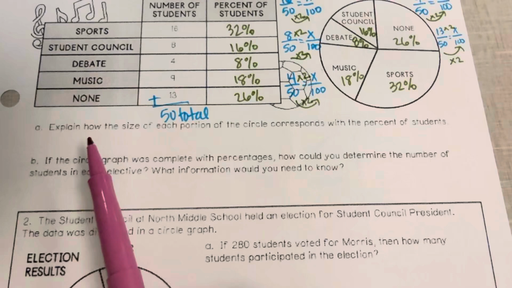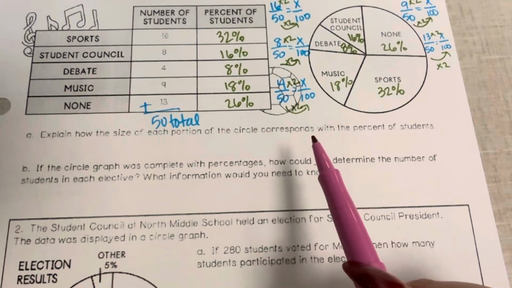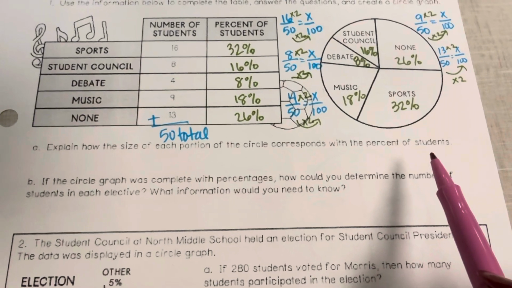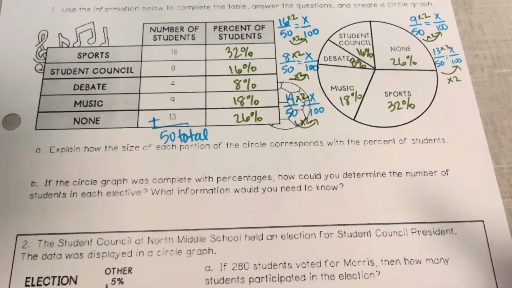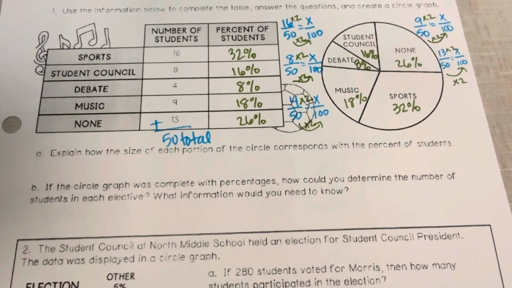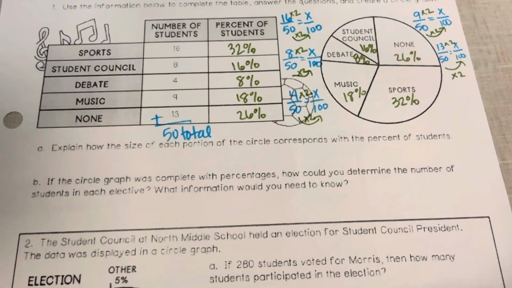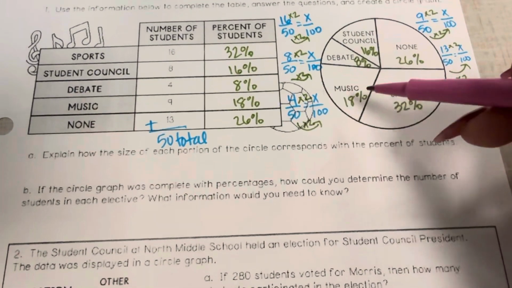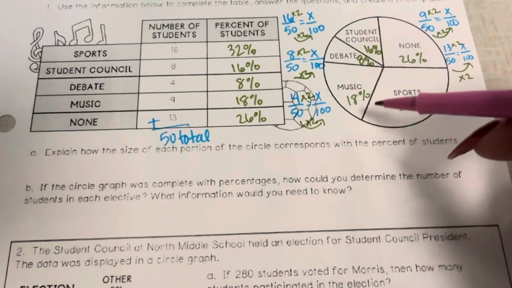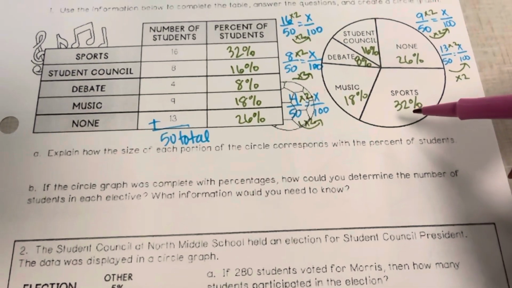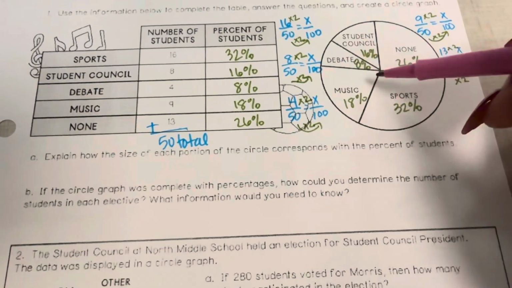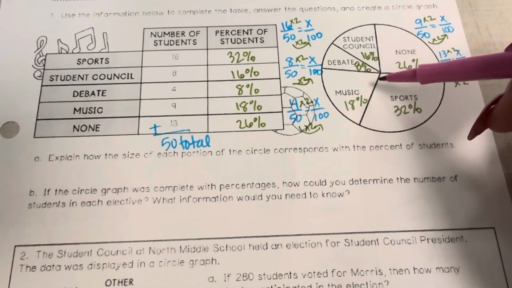A says to explain how the size of each portion of the circle corresponds with the percent of students. Similar to what we said with bar graphs, the largest bar has the most amount and the smallest bar has the least amount. Same thing is true with a circle graph. The larger the piece of the circle graph, the higher the percentage will be, versus the smaller the piece of the circle graph, the smaller the percentage will be.